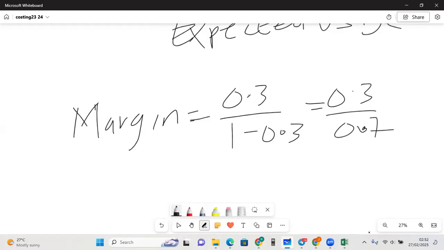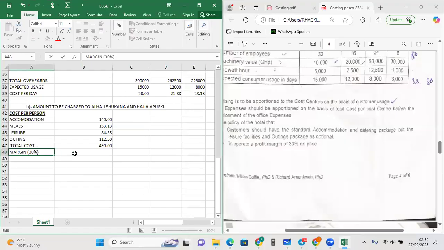So since margin is on cost, this is equal to 0.3 divided by 0.7 times this. This is it.